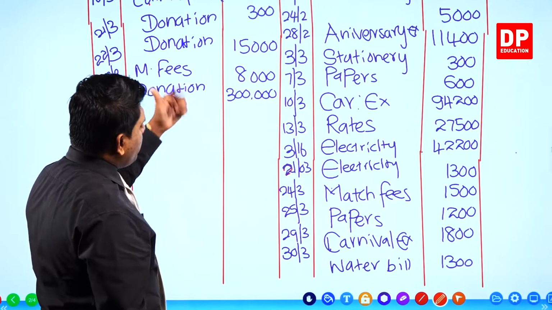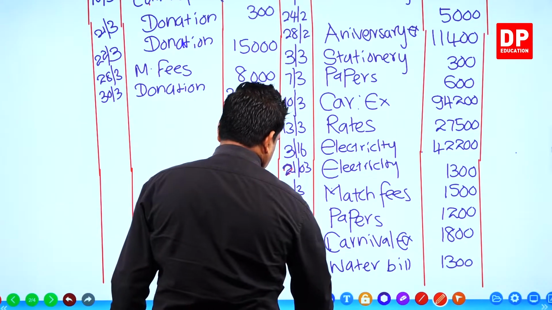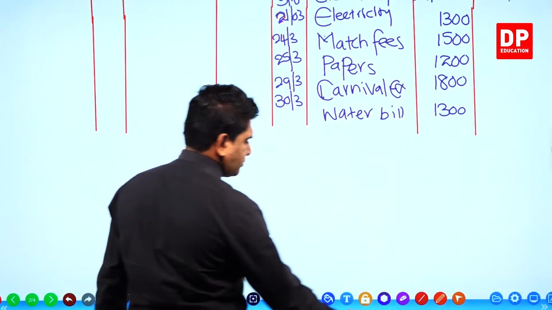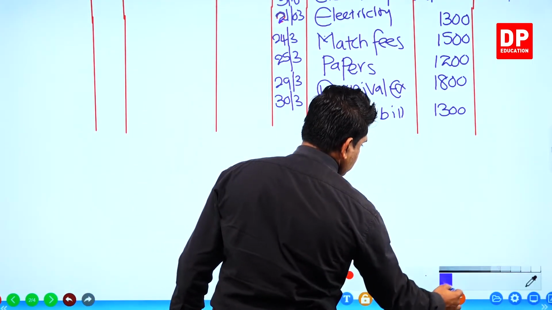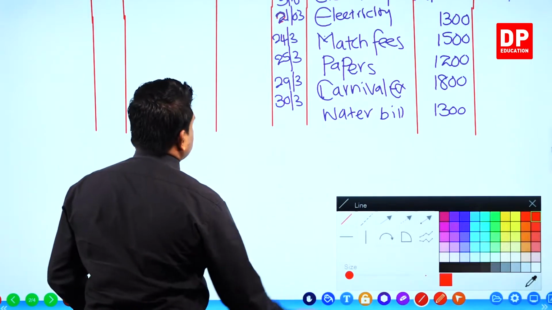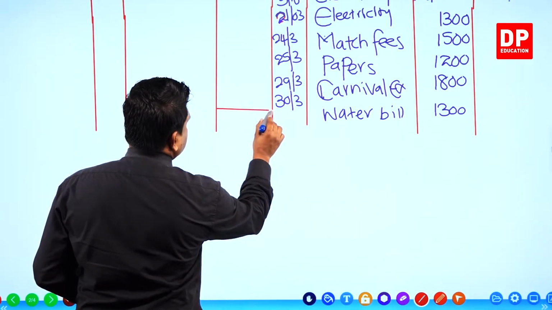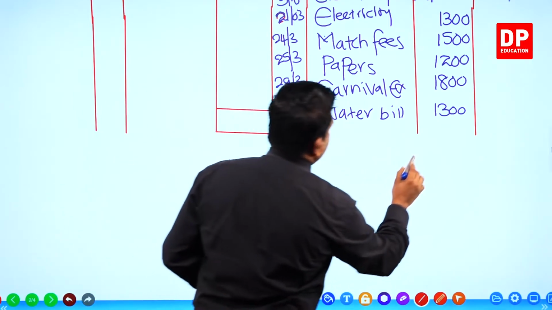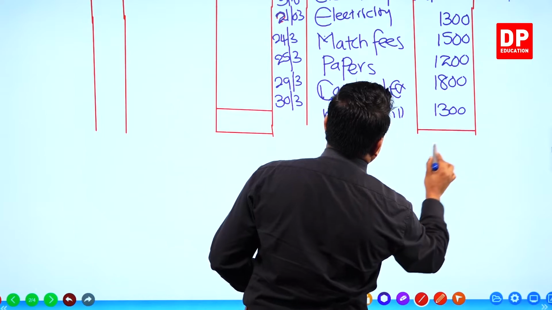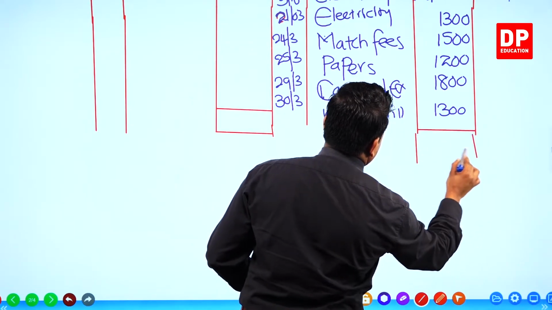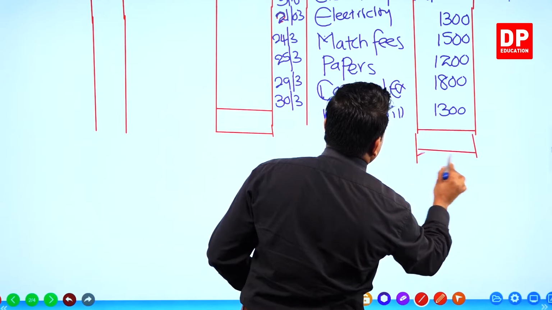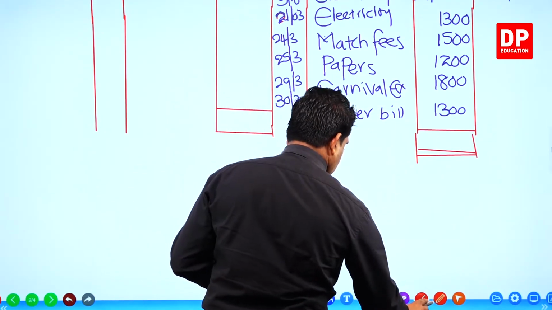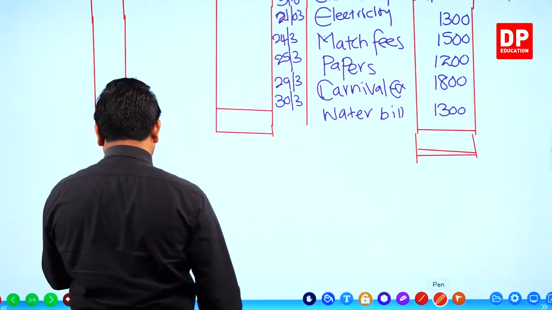Now you get the total. Draw two lines. Here also you draw two lines. Here you get the total and write total.